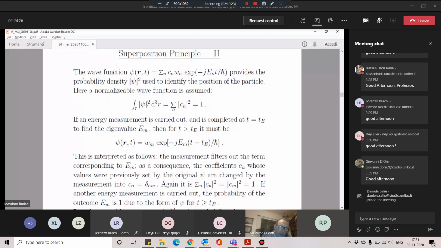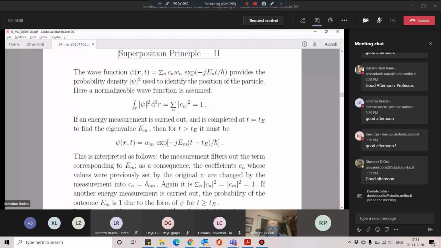Before measuring, we did not know the energy, but now we know it. Okay. So from the instant of measurement on, the wave function, you remember, we say it contracts. It contracts to the monomial form in which we have only one exponential instead of the sum, okay? And this exponential must contain only the energy that we have just measured, okay?